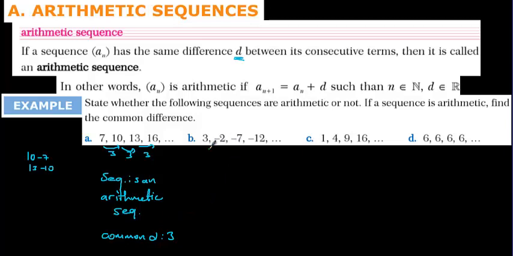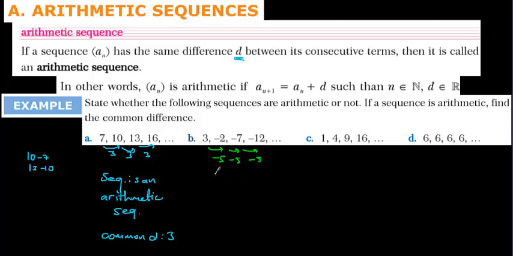Okay, the next one: minus 2 minus 3 is equal to minus 5. Minus 7 minus minus 2 is minus 5. Minus 12 minus minus 7 is equal to minus 5.